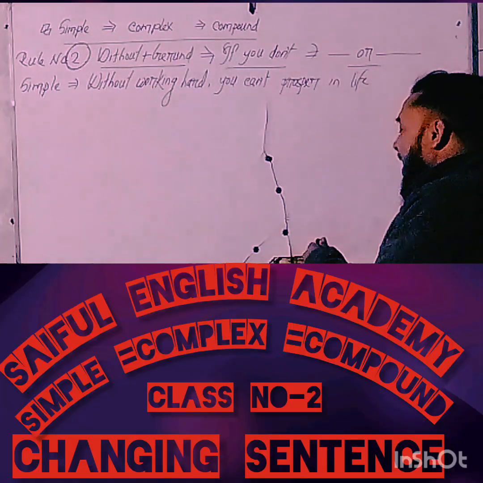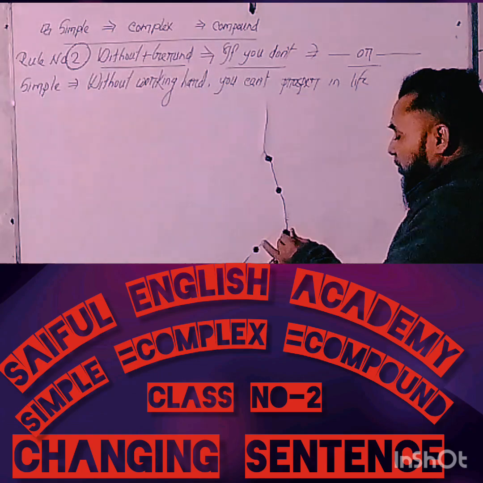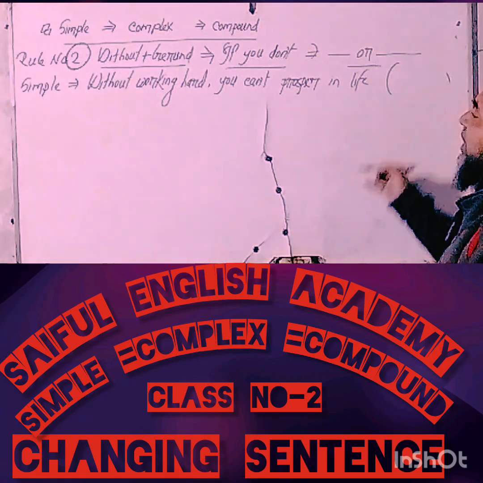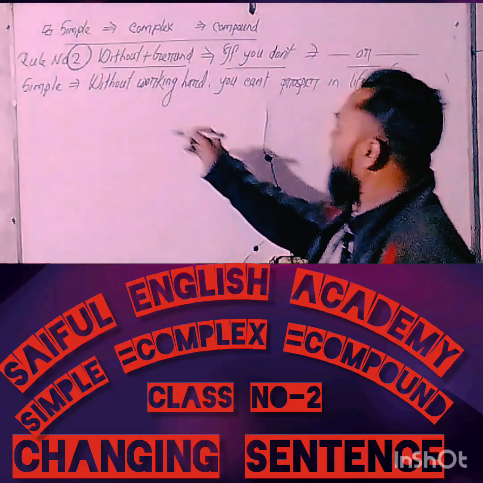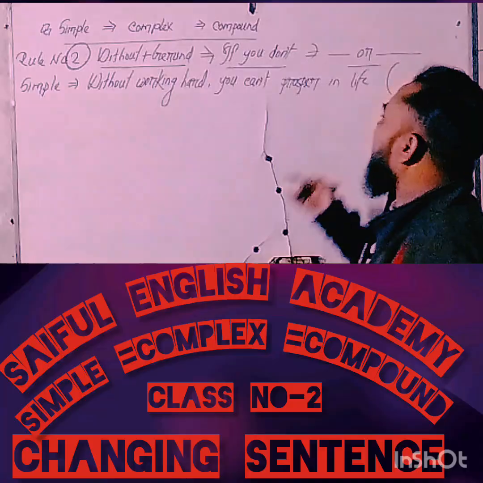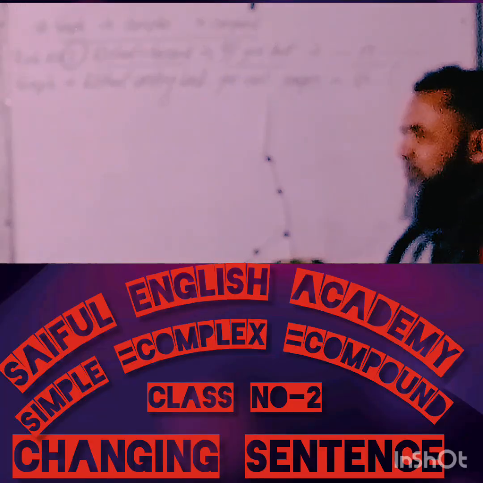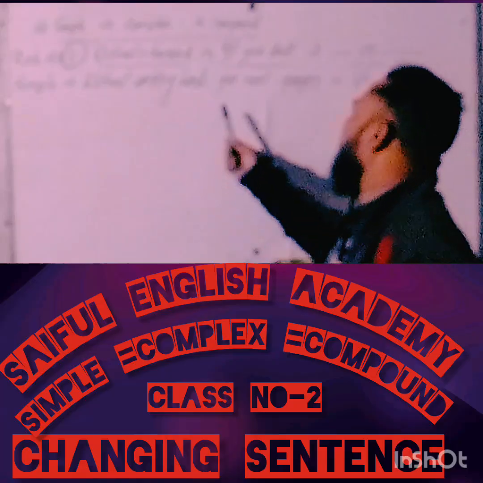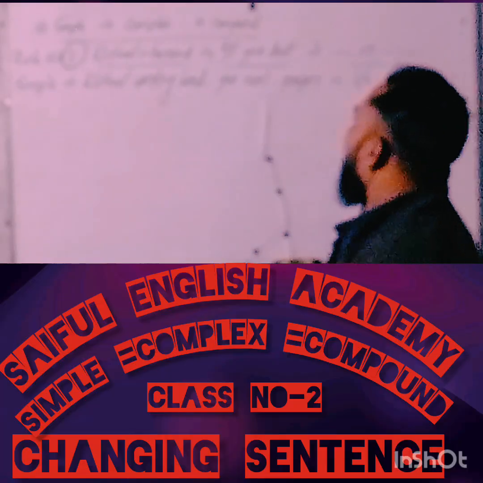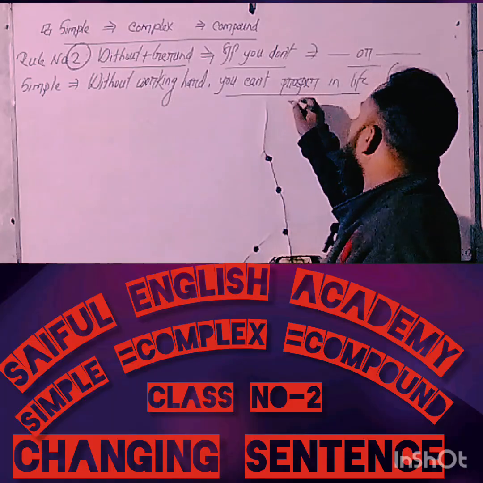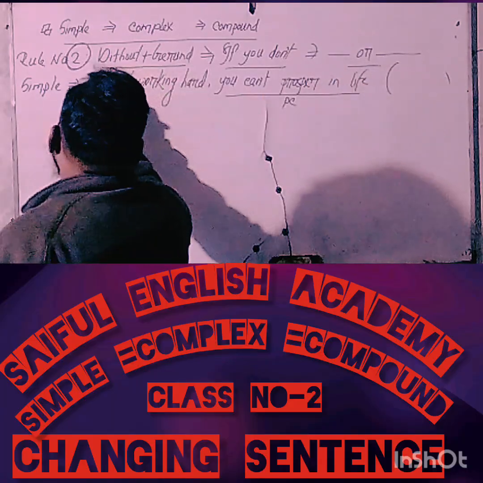I have written an example. Take a look at the board. Suppose I have written a simple sentence: Without working hard, you can't prosper in life. Of course, you can understand that it's a simple sentence because this sentence has a principal clause and a phrase.